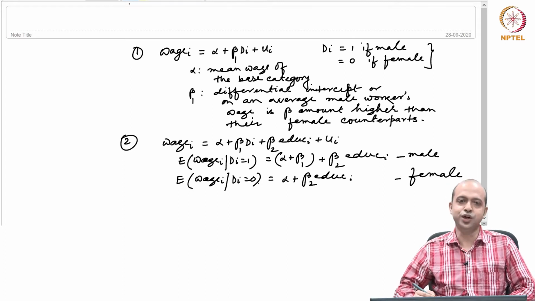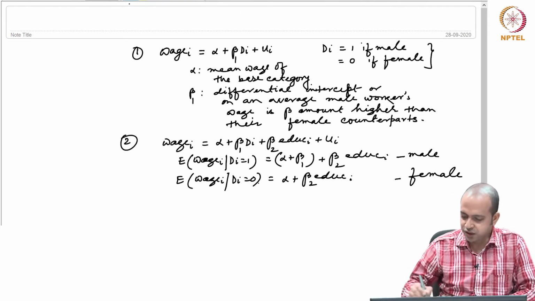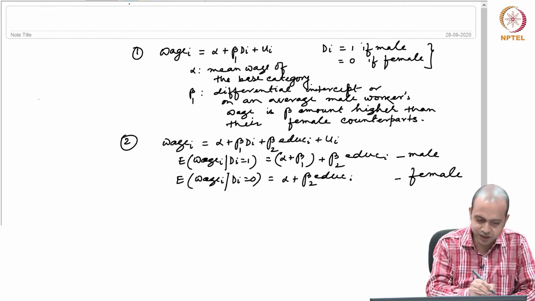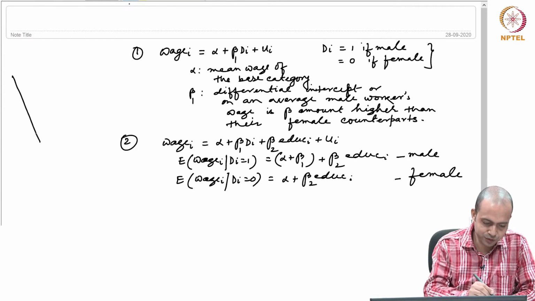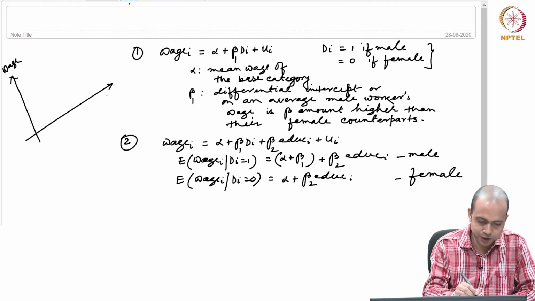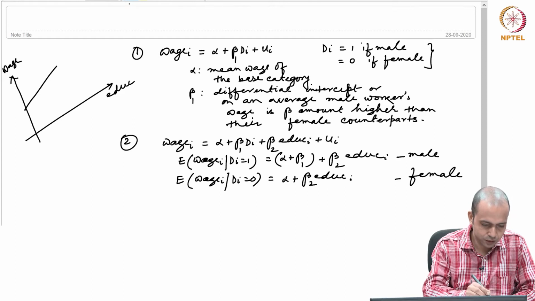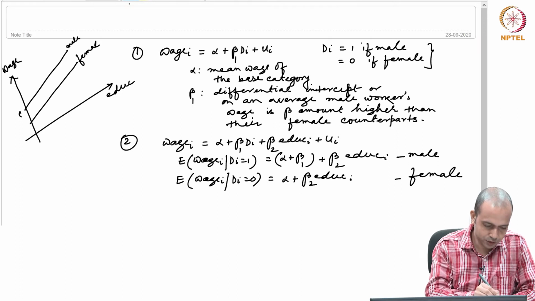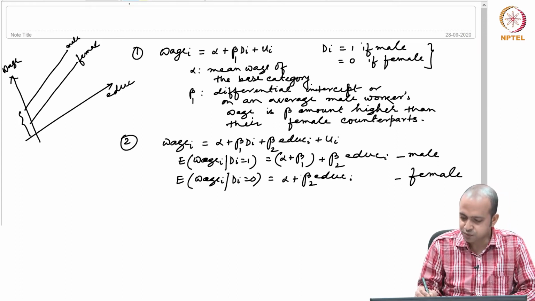than their female counterpart. So, this second case, if you represent it in terms of a diagram, here it is wage and here it is education. Let us say this is male and this is female. The male's intercept is how much?